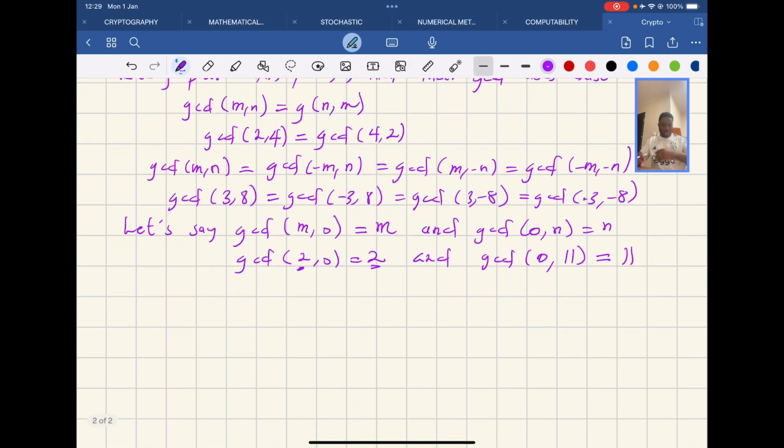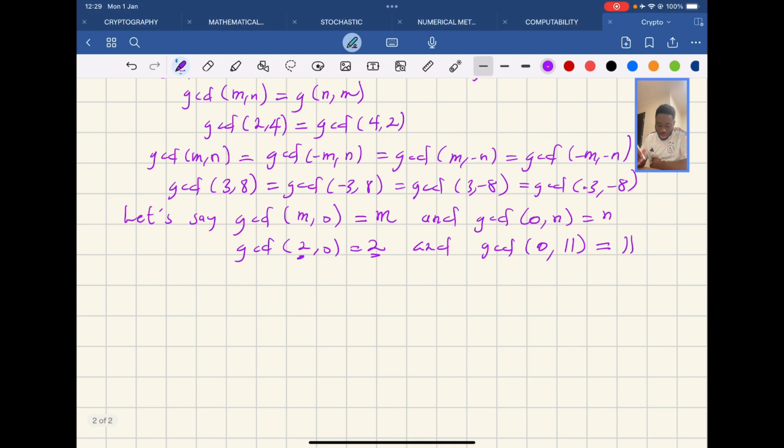So with this, we also have some rules of the Euclidean algorithm. The first thing that you have to notice is that the GCD of m and n is equal to the GCD of n and the remainder.